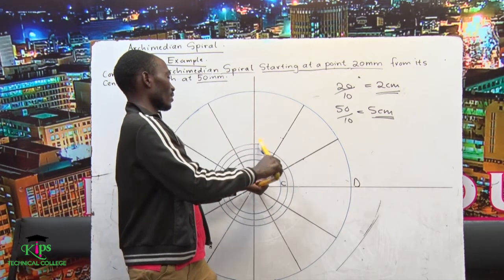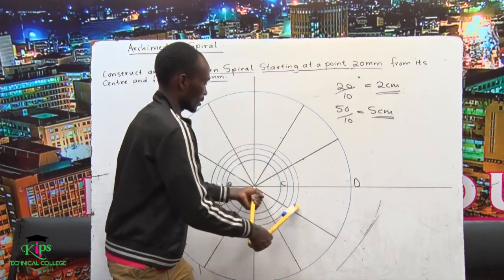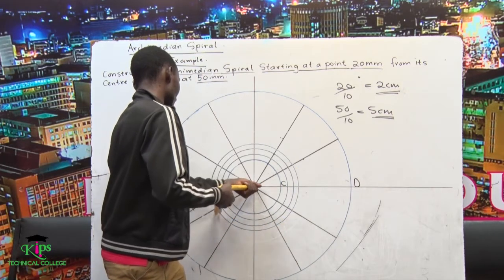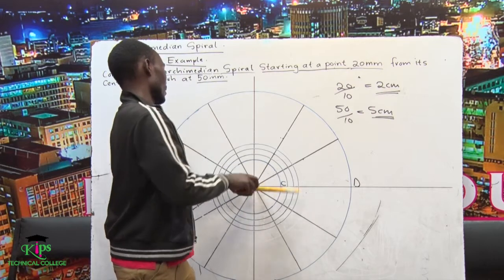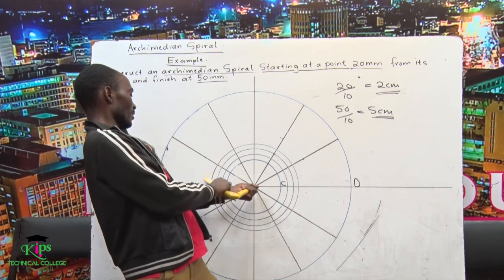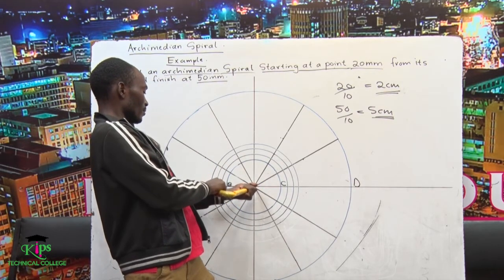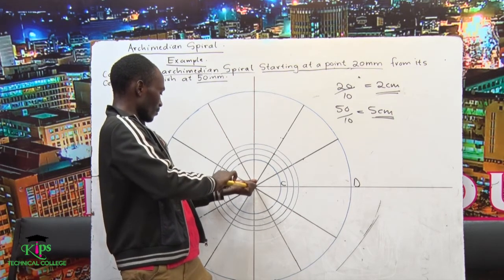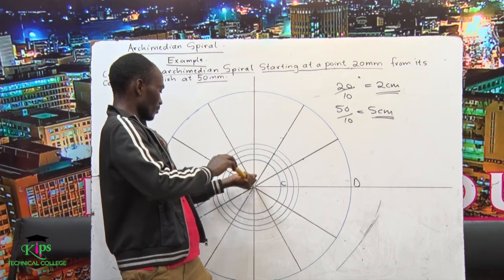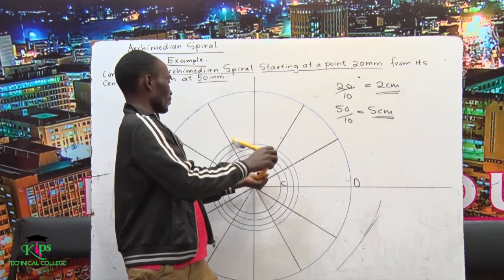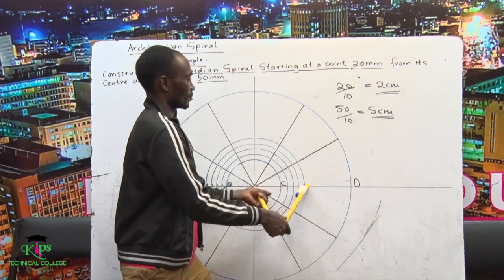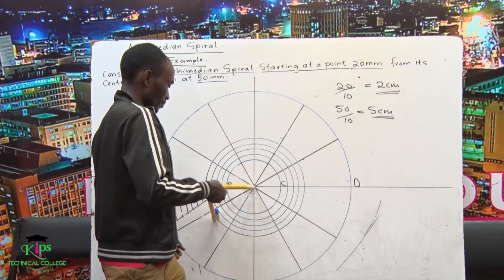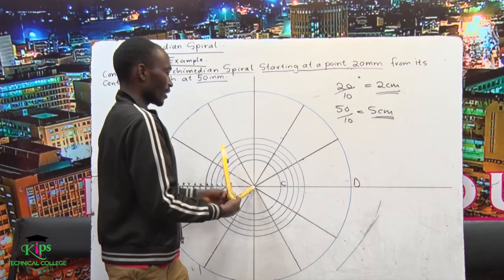Draw another circle. Then again, stepping at point 4. Draw another circle.